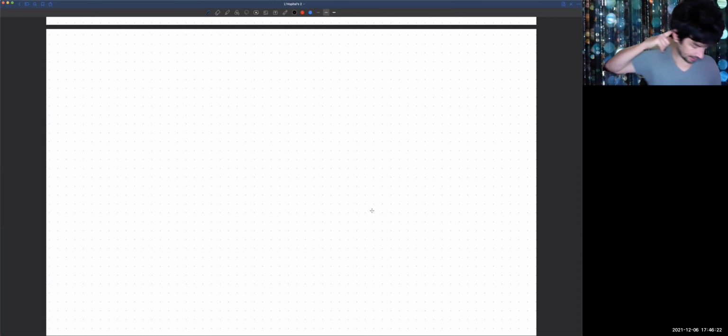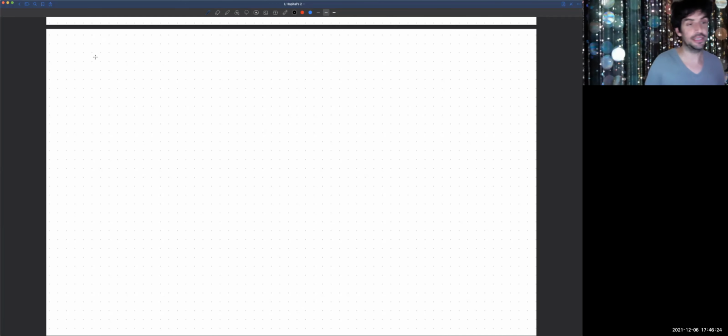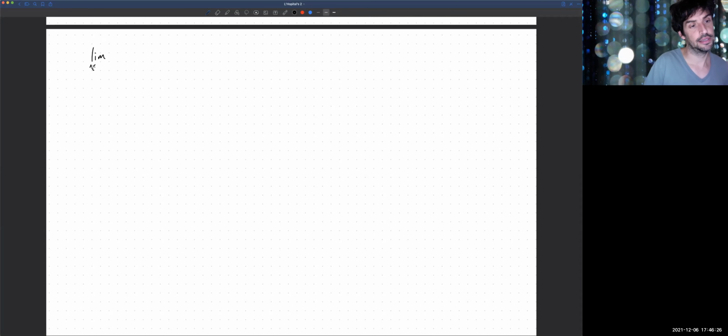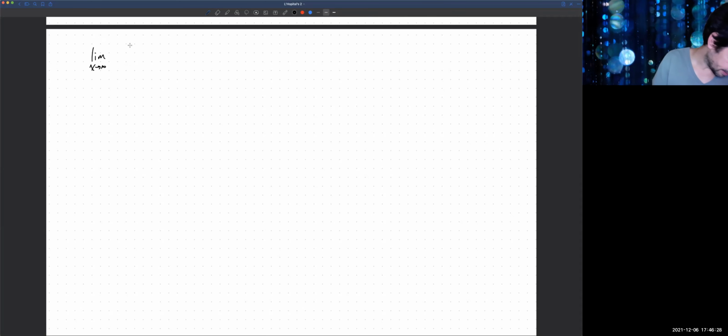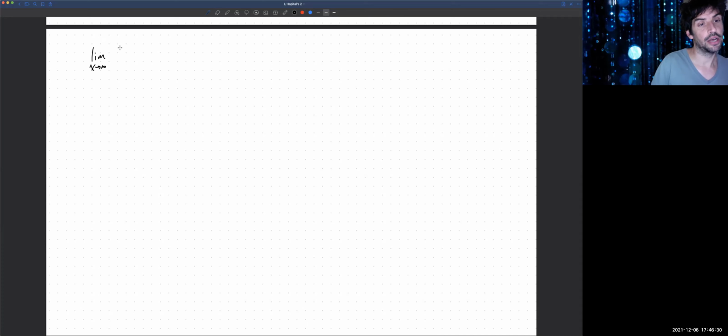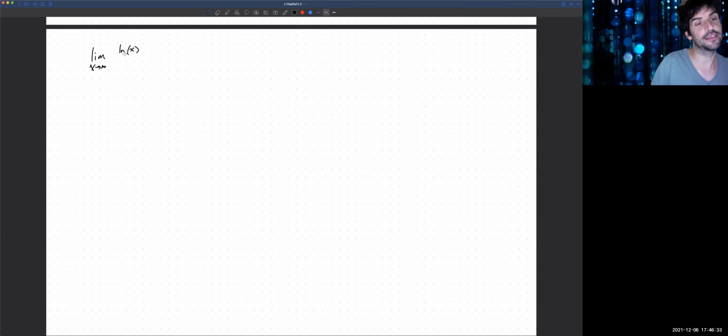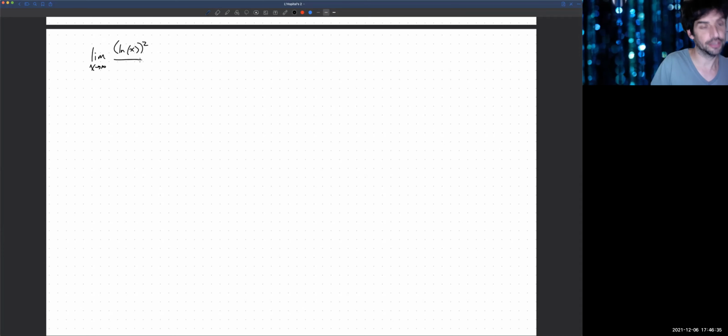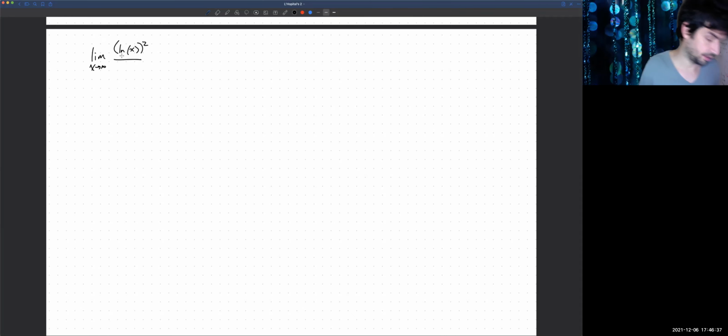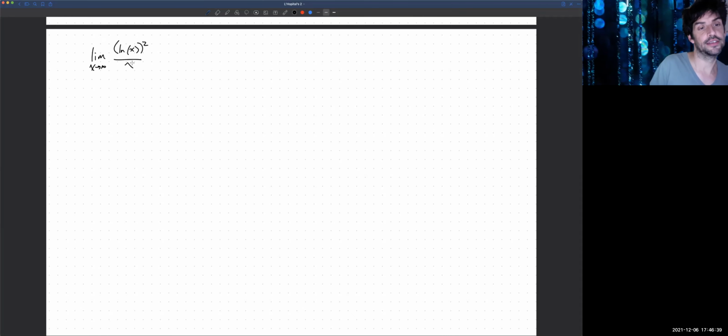Let's take the limit as x goes to infinity of the natural log of x squared over x, right?